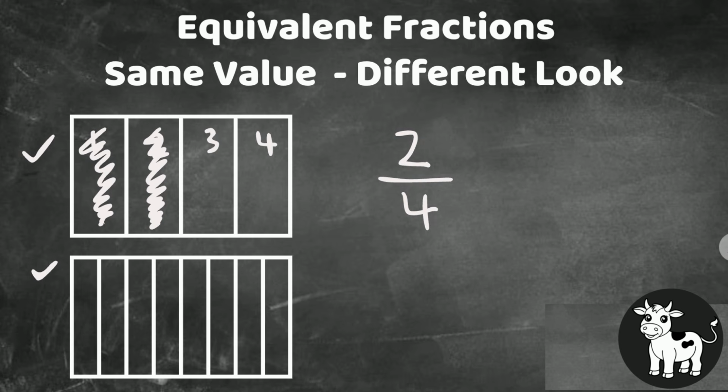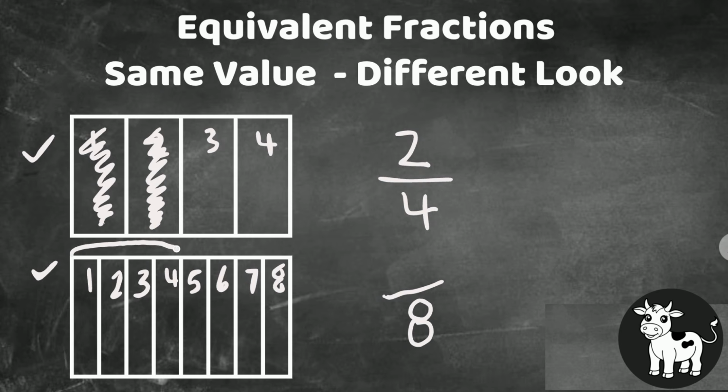Now let's go down to the bottom box and let's count how many parts it's been divided into. We have 1, 2, 3, 4, 5, 6, 7, 8. So now with this fraction, the number of parts is 8. And now let's have 2 equivalent fractions, so they're going to be the same size.